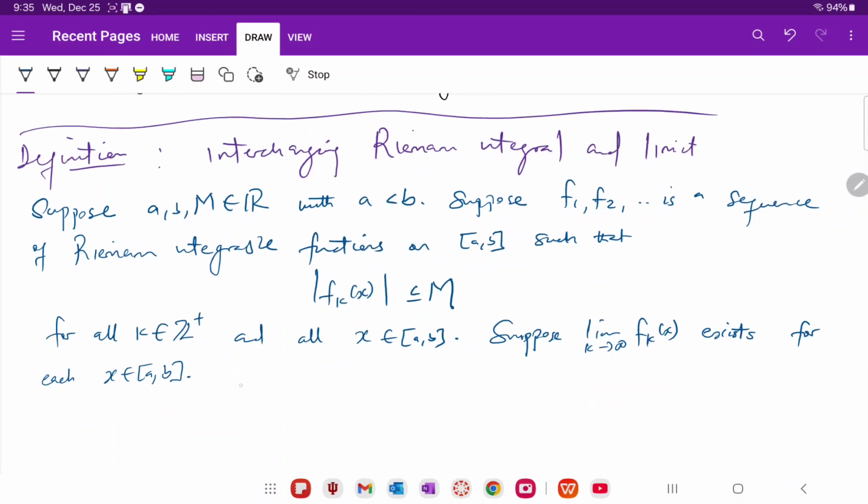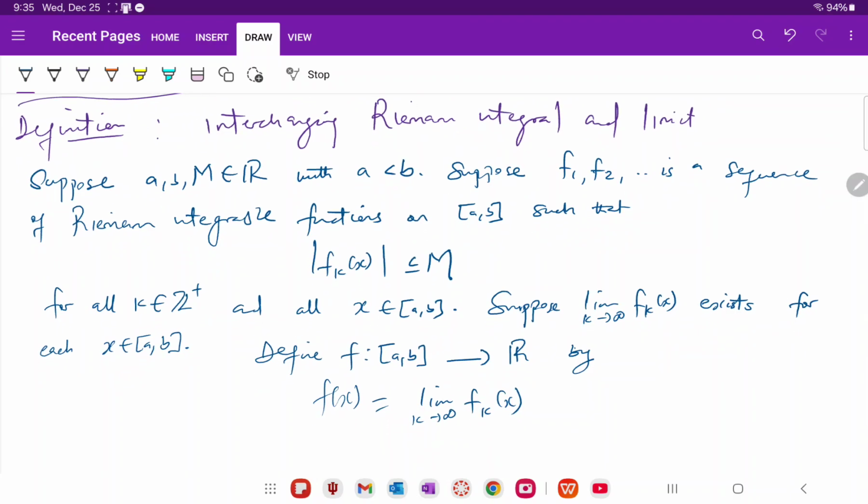So we can then define the pointwise limit function f from [a, b] to R by f(x) equals the limit as k tends to infinity of f_k(x).